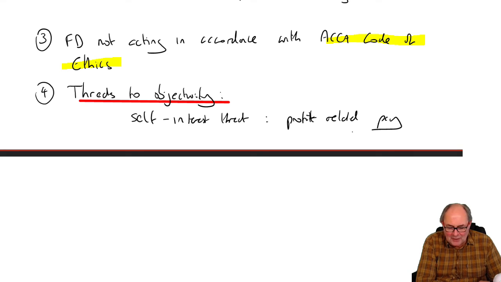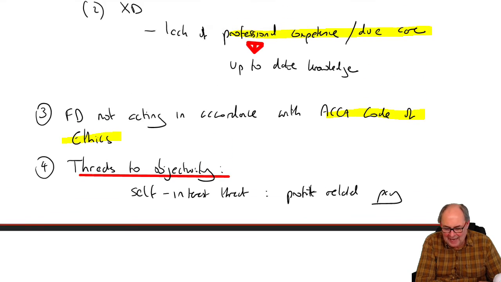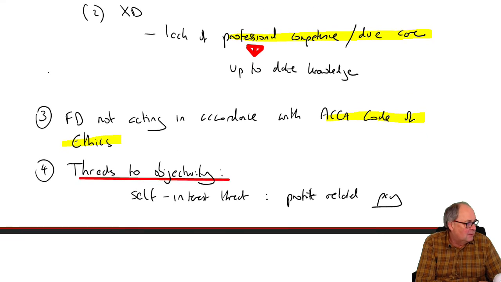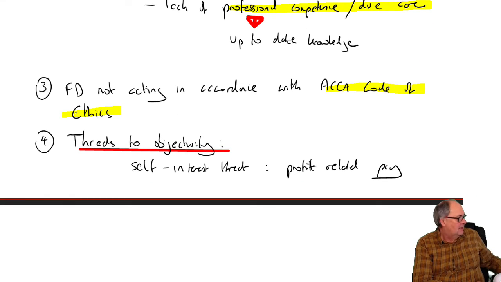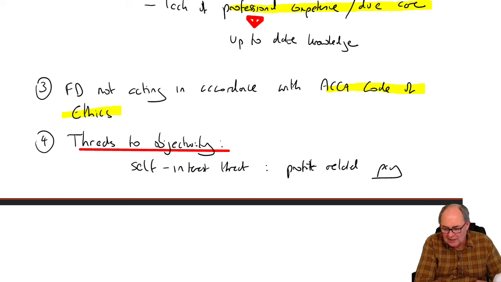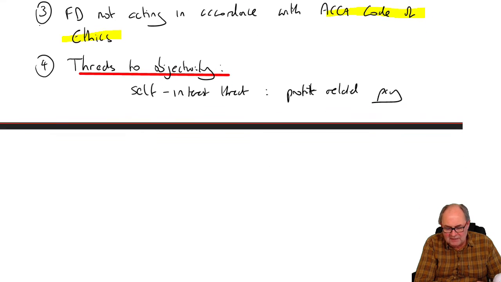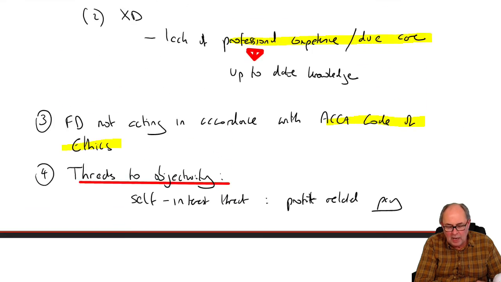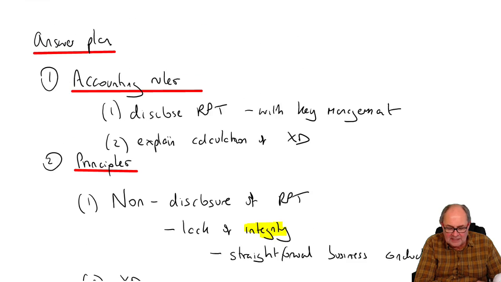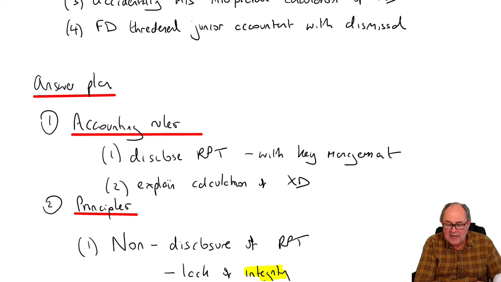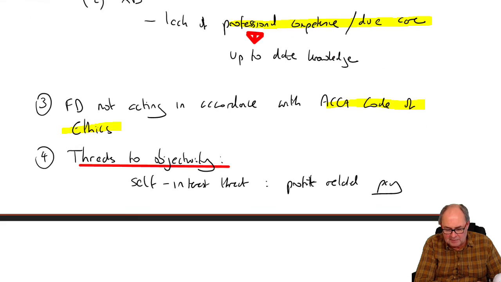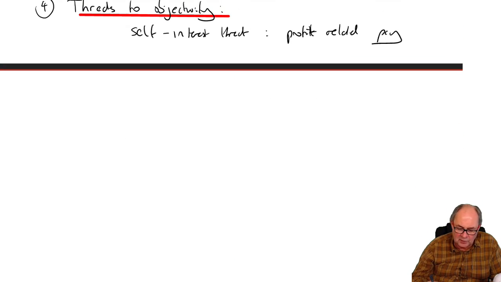Now I think about it though, actually neither of these particularly affects profit-related pay, but perhaps they put the exchange difference in the wrong statement or something. So I think you can forgive me on that. But what's the other threat to objectivity that you can pick up? Well, if the great big bad chief accountant has threatened the junior accountant with dismissal, we can also, of course, mention the intimidation threat.